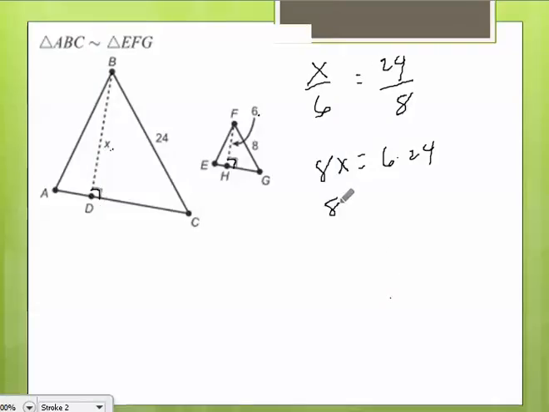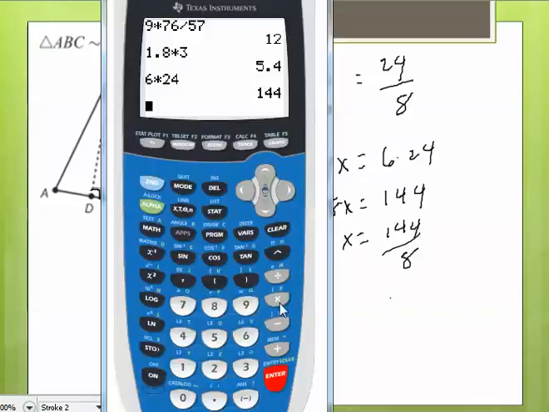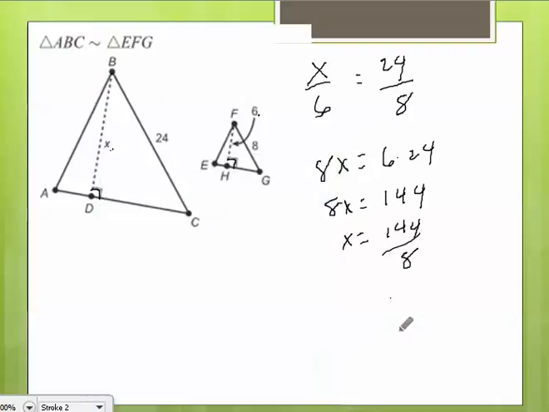So 8x is equal to 144. I'll divide by 8, and x will be equal to 144 divided by 8. Going back to my calculator real quickly here, I'm going to hit divide by 8, and it will tell me that that is 18. So x is equal to 18. So we just found that this altitude is 18.